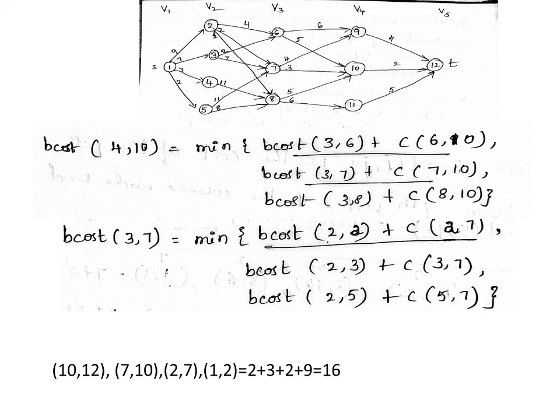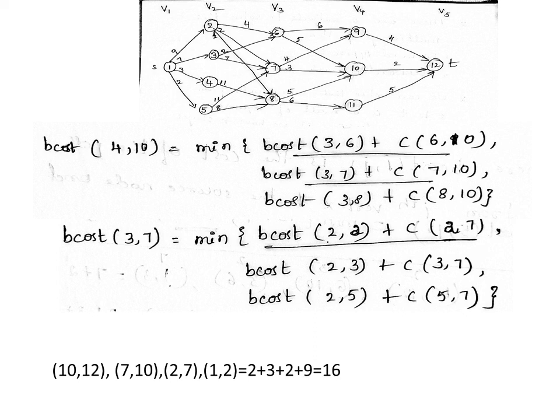So 2 to 7 is the next one, then 1 to 2. So 10 to 12 is 2, 7 to 10 is 3, 2 to 7 is 2, and 1 to 2 is 9, which is equal to 16. So we have got two minimum cost paths here.